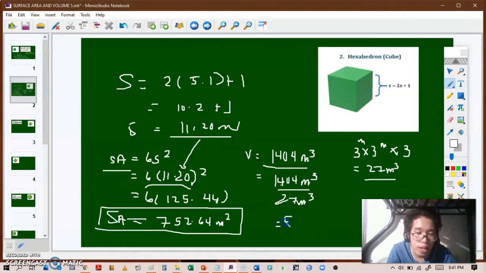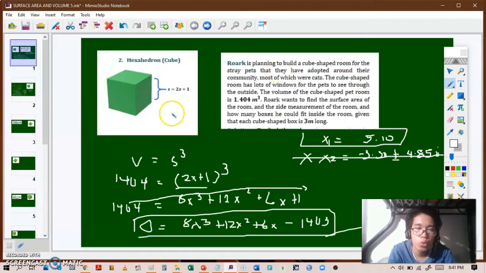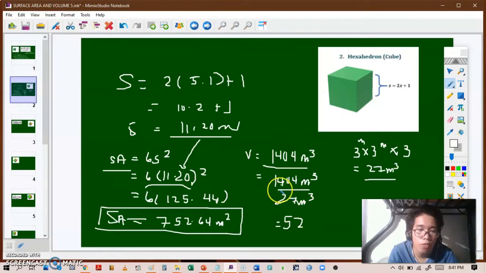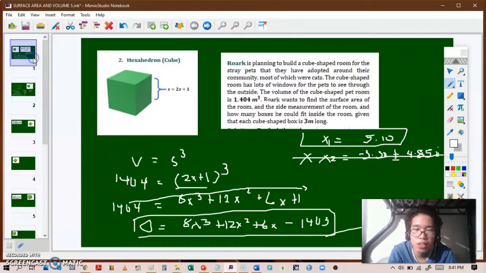That means we can fit 52 27-metric-cube boxes inside of this pet room, or dog room, or whatever the function of this room is. Okay, so it's a pet room. So there you go. Roark can fit 52 of these 3x3 boxes in this very big cube pet room.